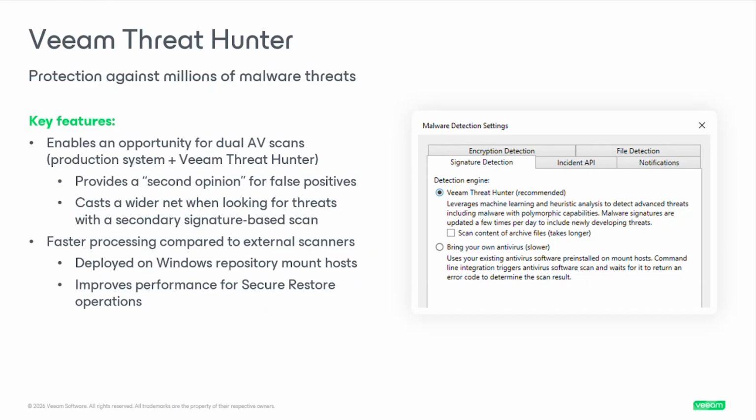And if we find anything, we will flag those restore points and the security team can investigate, because maybe your AV definitions are outdated, whatever it could be. If we pick it up and you pick it up, then you know it's a positive, and you know which restore points are infected as well.